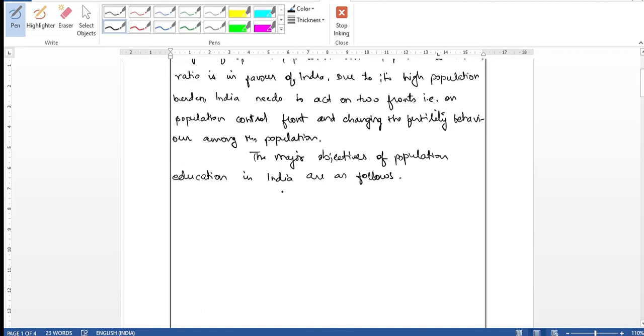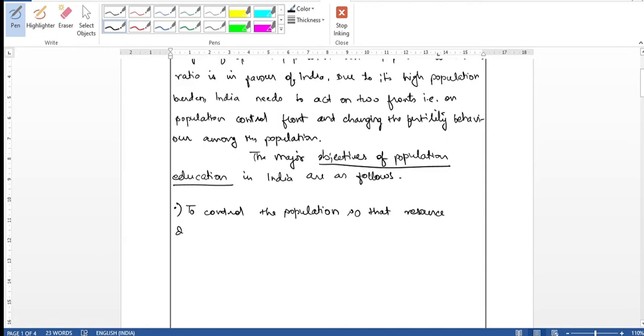Number 1. Just underline it, no need to give a heading. Number 1 would be to control the population so that resource distribution becomes optimum.